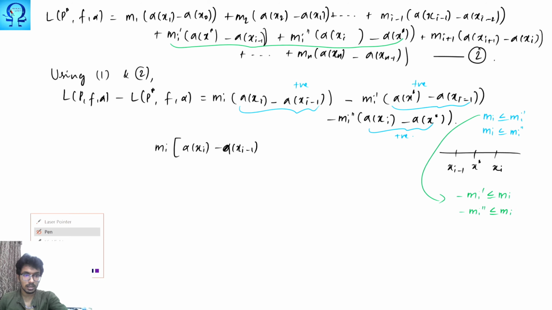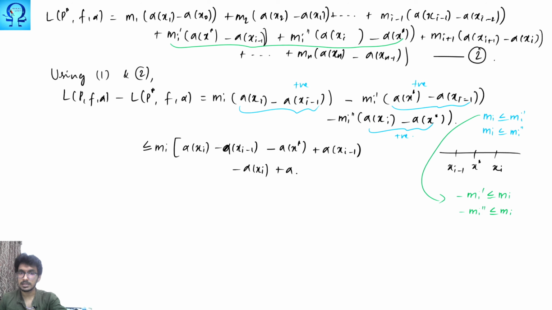So when I replace that way, what I am going to get is that mi is taken as common, and I am going to have less than or equals. So minus alpha times of this quantity, minus times of minus becomes plus, and here minus alpha of xi, then minus minus becomes plus alpha of x star.